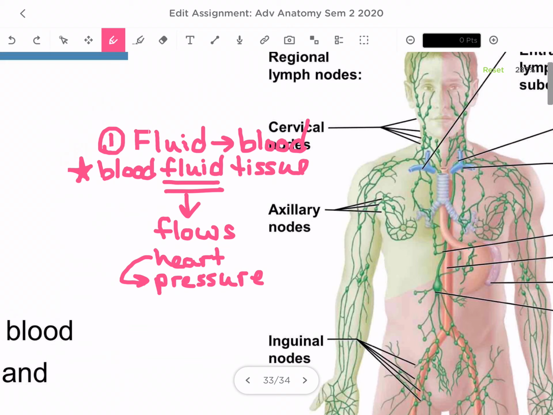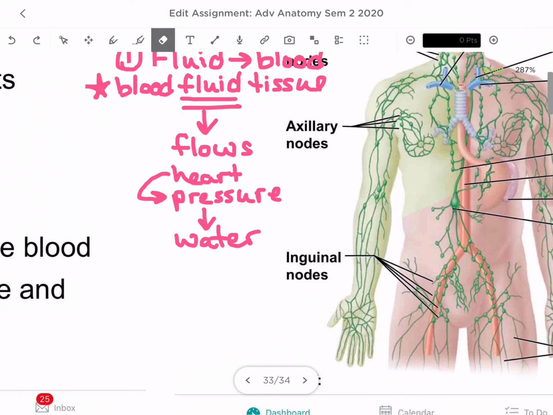So the lymphatic system, all these channels and canals, returns that fluid that leaks out of the blood back to the blood, so that the blood can continue to flow. Also, the thing that causes blood to flow is the fact that it has a whole bunch of water in it. So that's just another plug to drink a lot of water and keep your body hydrated. It encourages substances to move in and out of your blood and in and out of your cells, and that's always a good thing.